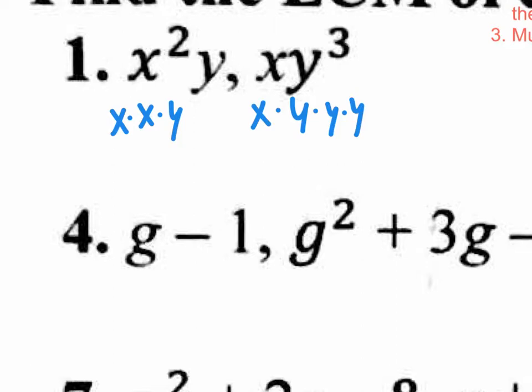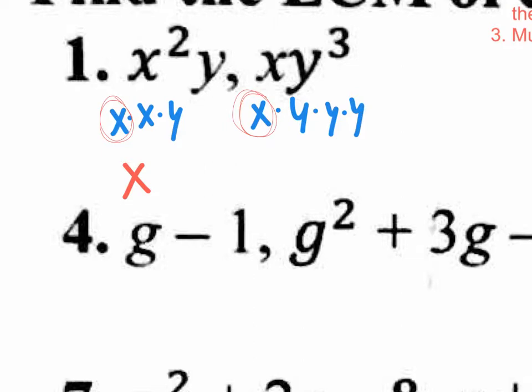It's already factored. Now we're going to circle what's in common. I have one x right here, and I have one x right there. I circle what's in common and then I write it down once. So I have a single x right there.